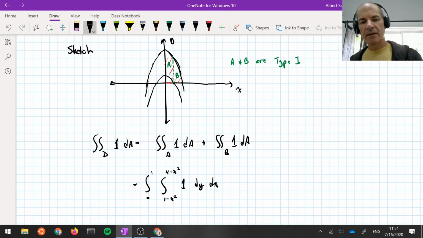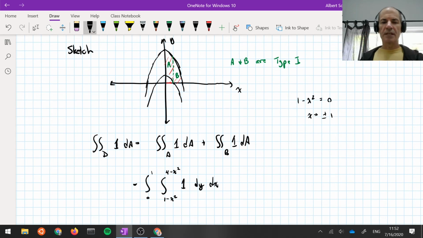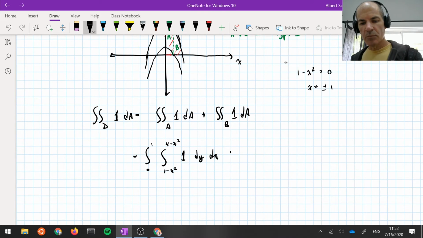How did I figure that out? That's where this parabola 1 minus x squared is equal to 0. 1 minus x squared equals 0. Solving for x, we get plus or minus 1, and we'll take the positive 1. All right, so that's the setup for the integral over A plus the integral over B.